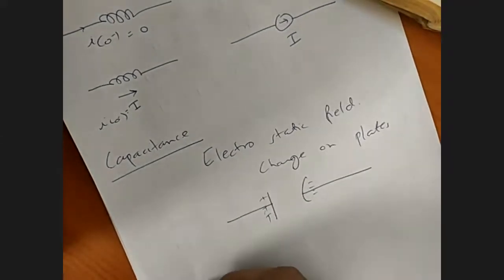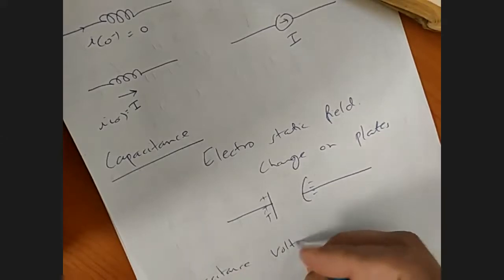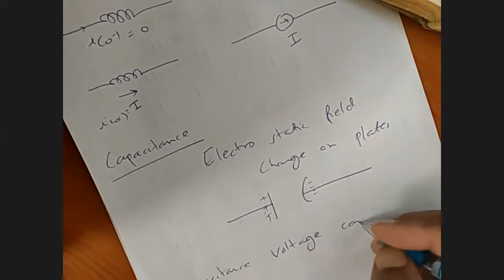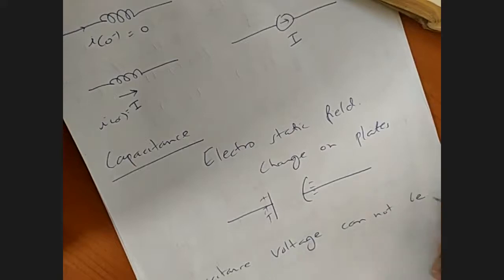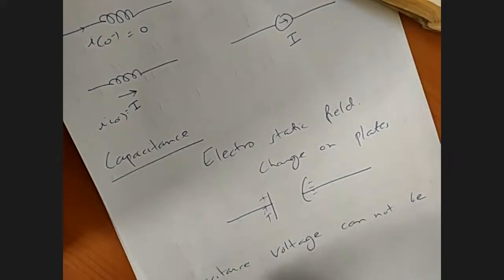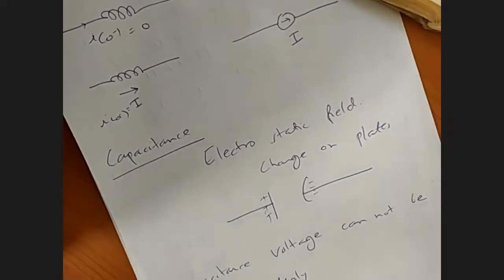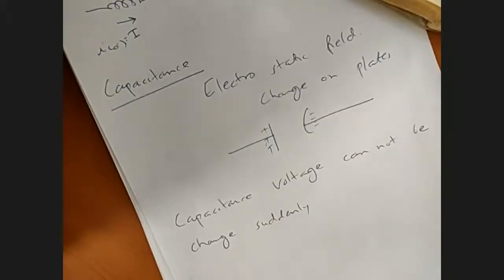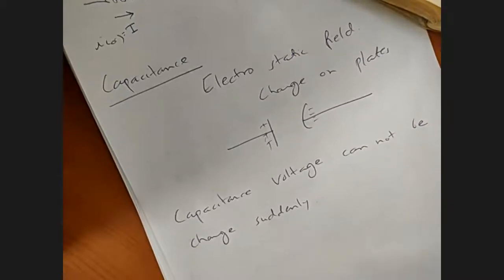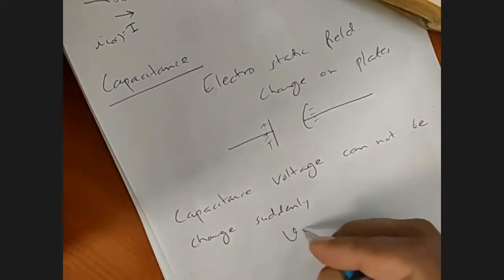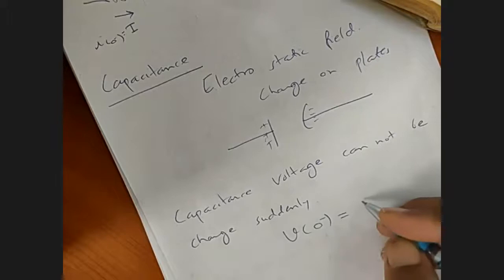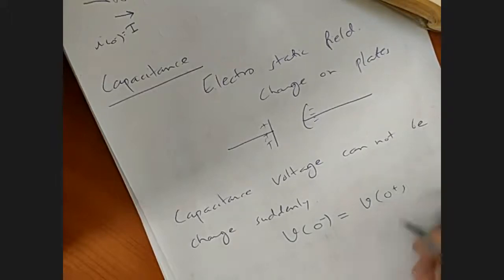So capacitance voltage cannot be changed suddenly. So in capacitance, voltage cannot be changed suddenly. That means V0 minus will be equal to V0 plus.